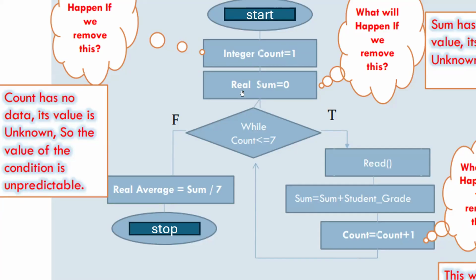Real numbers you may remember from math easily. And you don't need to define these types in these flowcharts, by the way. You may write directly count equals 1, sum equals 0. That's enough for my solutions. Real is the type, just like an integer.